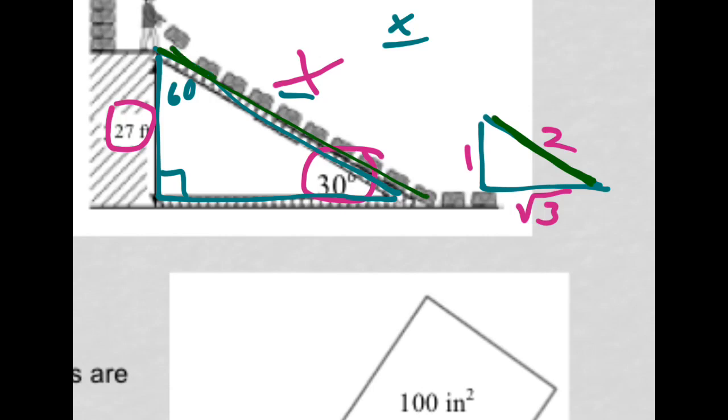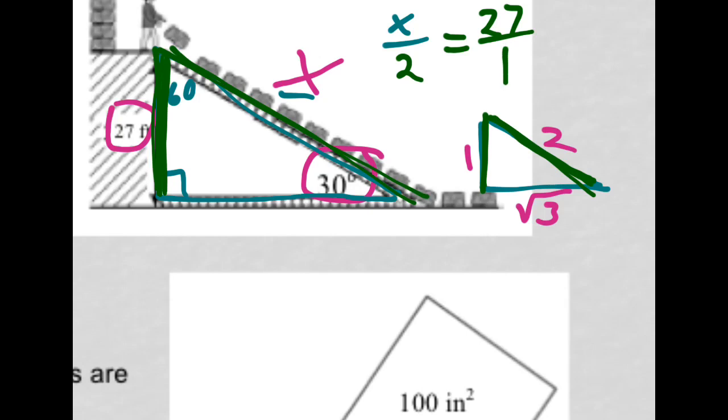This part corresponds with that part. So 2 over 2 equals, and then I go with the part that I know, 27 over what side of my known triangle corresponds with 27? Of course, that's 1. Cross multiply, and I get 27 times 2, x equals 54.